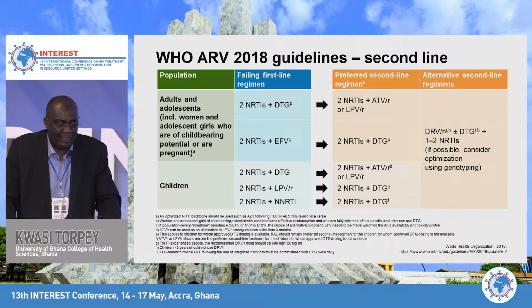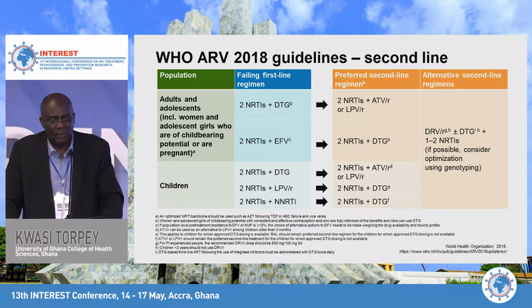For second line, you'd have to look at where the patient started in terms of the first-line regimen. If the person starts with dolutegravir, then obviously a protease inhibitor will be the preferred drug for second line. Now, if you take an efavirenz-based regimen, then you would have to move to dolutegravir. And the same principle basically will apply for the children as well.